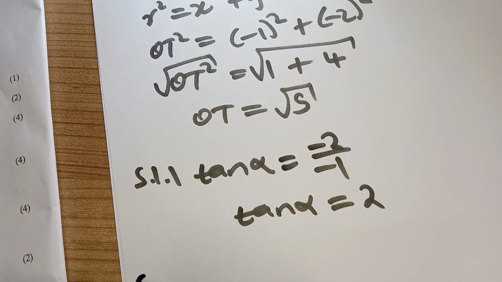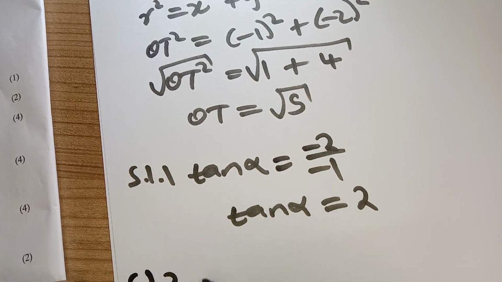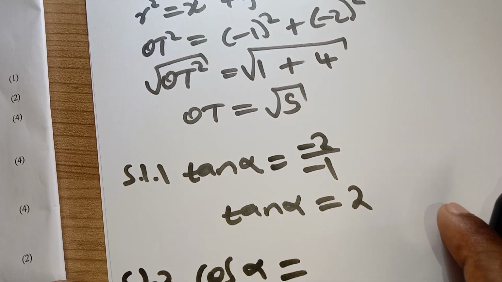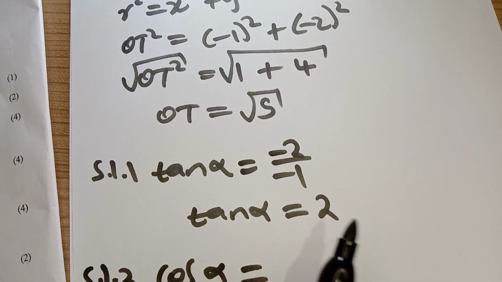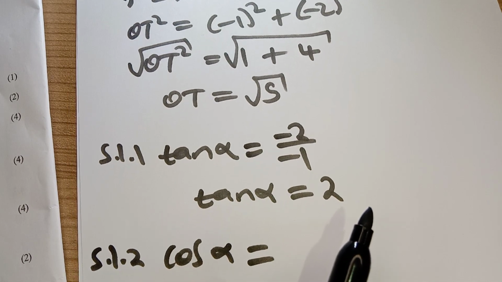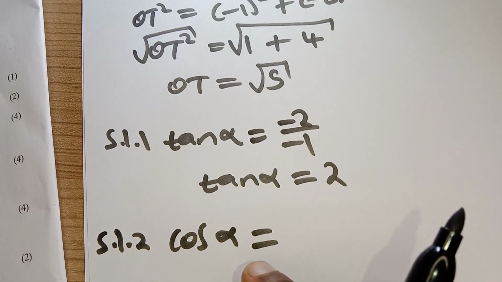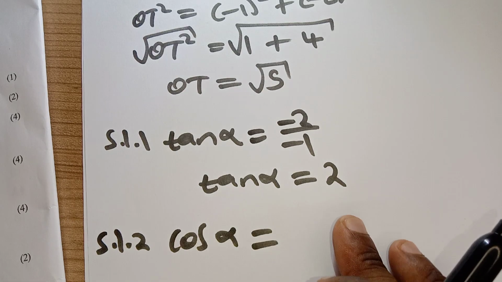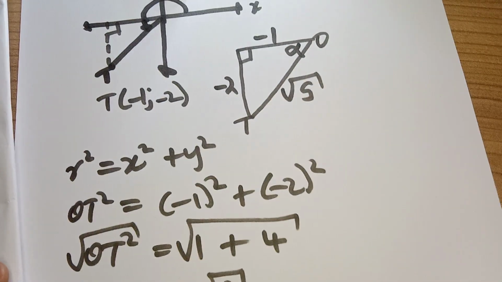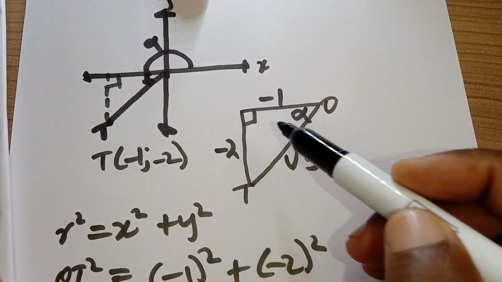They are looking for the cos alpha there, okay? The cos by definition is adjacent over hypotenuse, okay? Here we are having our right angle triangle, okay?